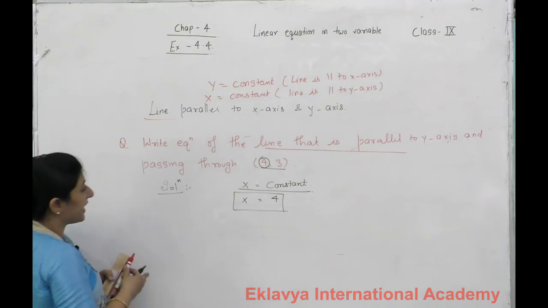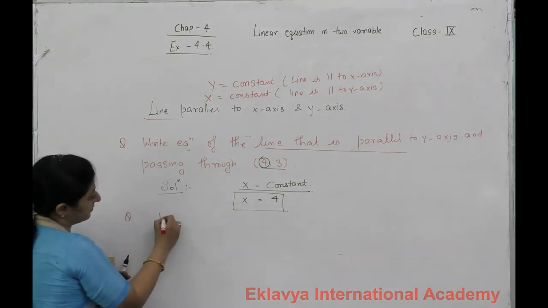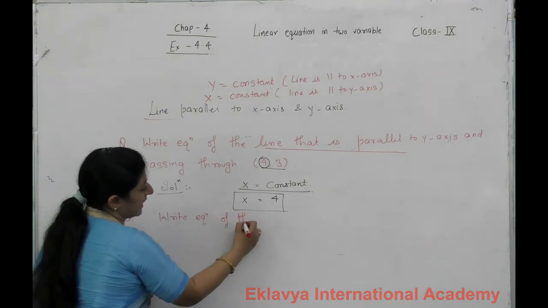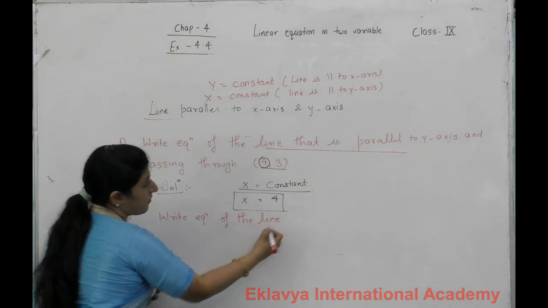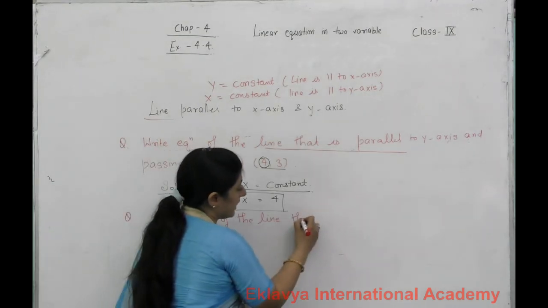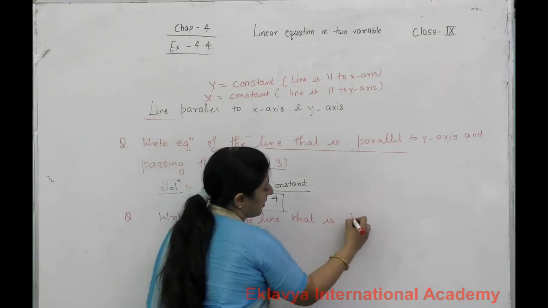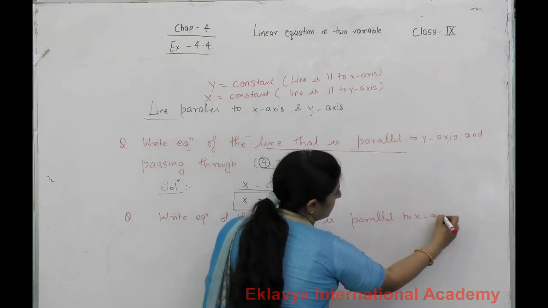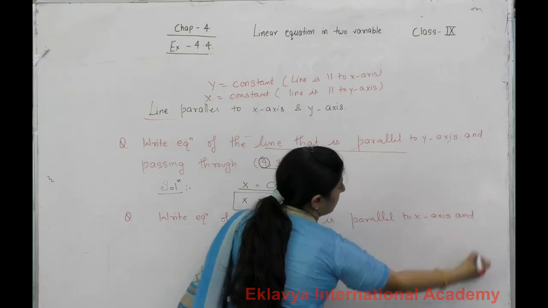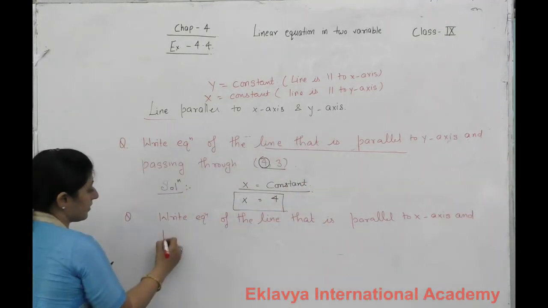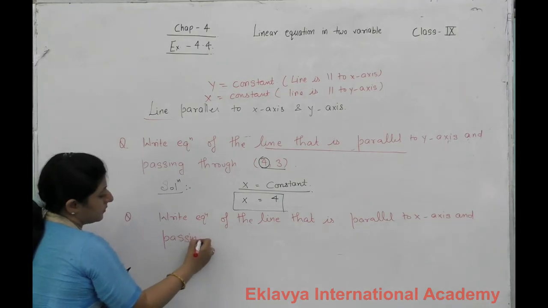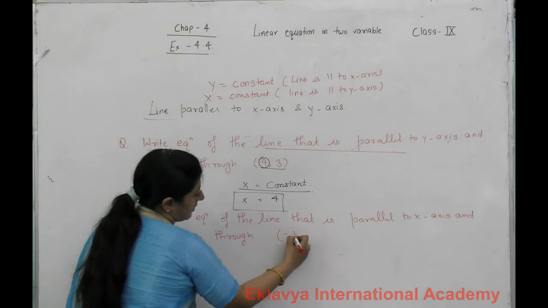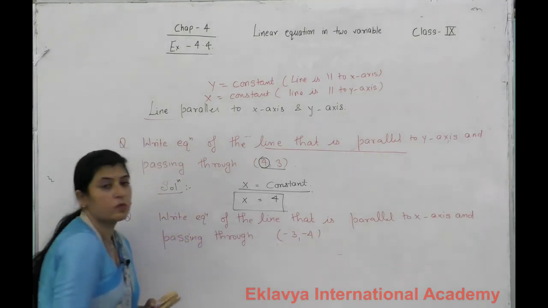Similarly, this question if I write down: write the equation of the line that is parallel to the x-axis and passing through -3, -4.